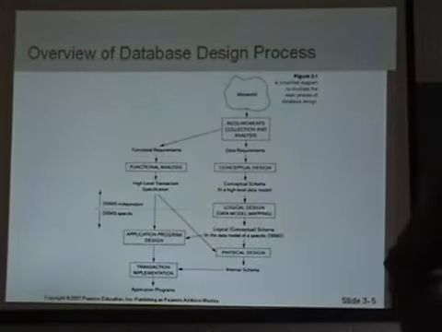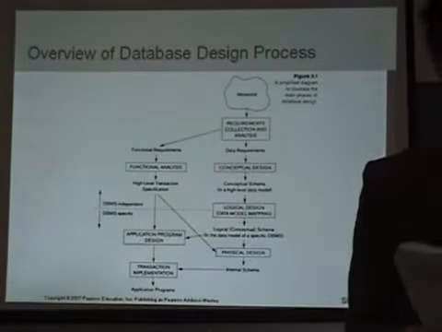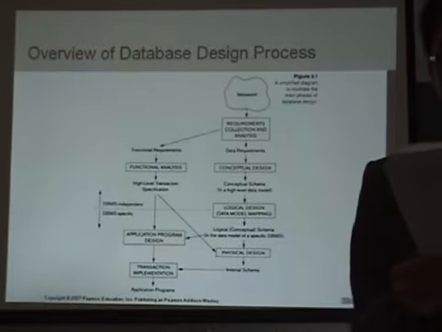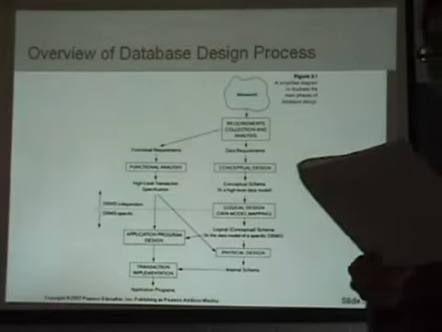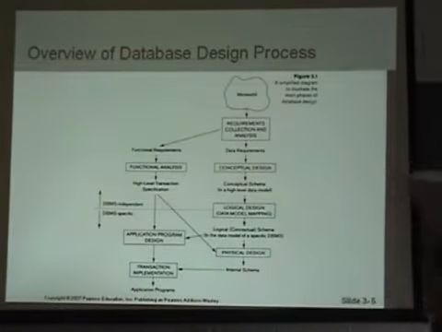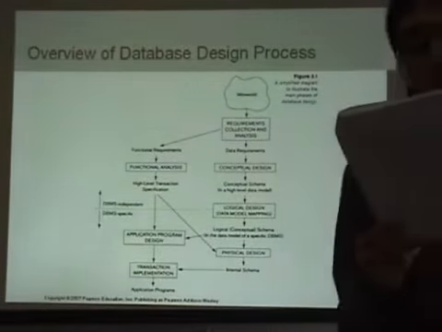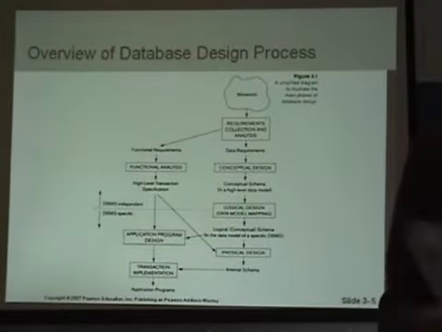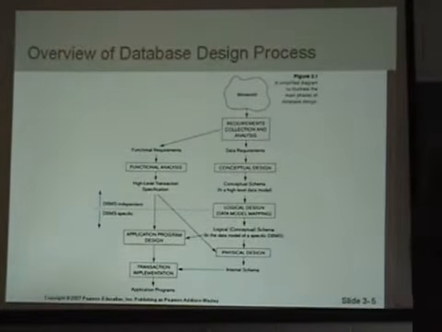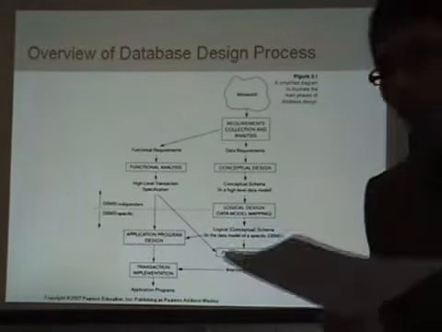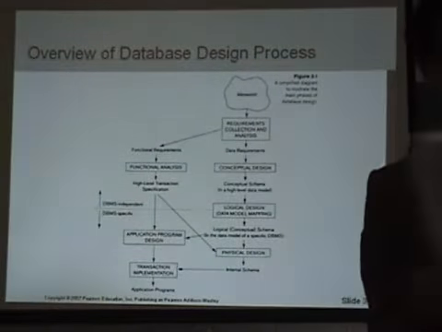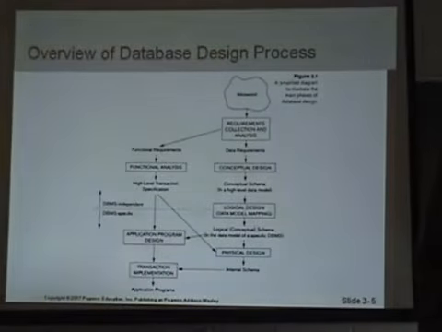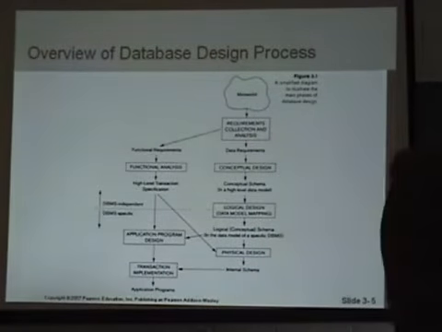Then each entity will be described. For example, department. Each department has a name, number, manager, starting date of him or her, and locations, right? These are the description of the department entity. Or, for example, project. A project has a unique name, a unique number, and a single location. These are the description of the project entity.